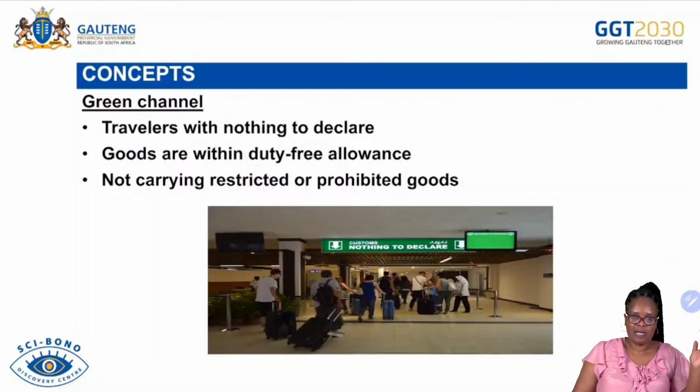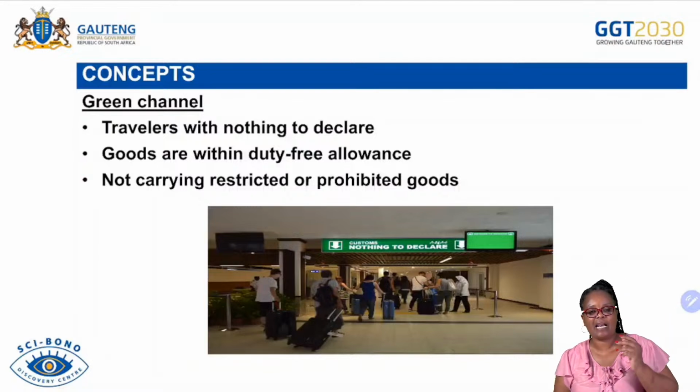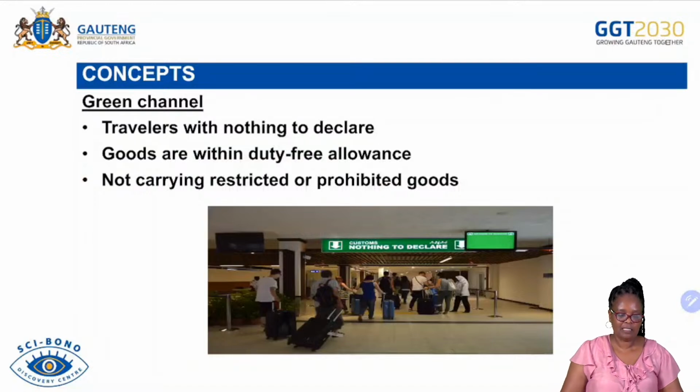Everything that they are bringing into the country is within the duty-free allowance. They do not have any restricted or prohibited goods with them. So this is what you call the green channel.